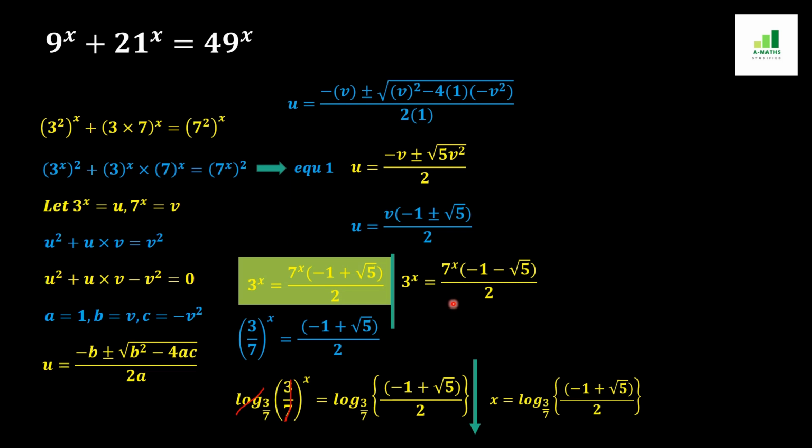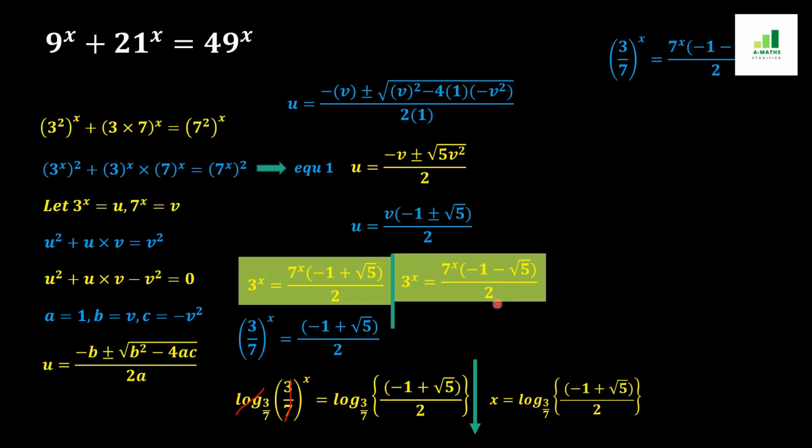Now we should solve our question for this expression, which is 3 to power x is equal to 7 to power x into minus 1 minus under root 5 over 2.